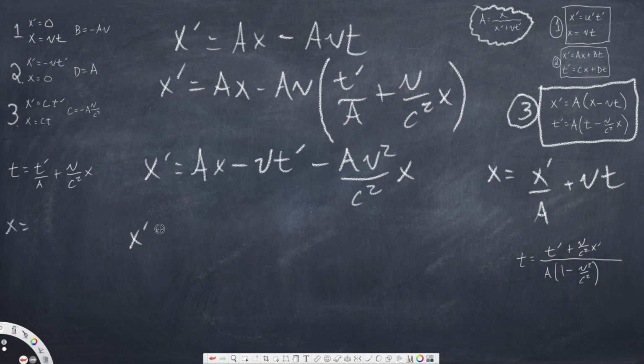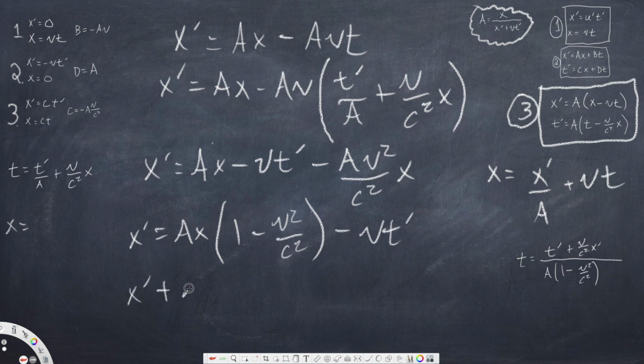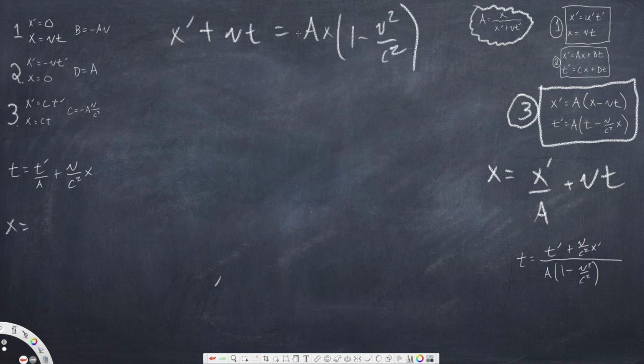So to do that, we have to take the ax out. And on this part here, we get 1. And in this part here, we get minus v squared over c squared. Minus, what's left? vt prime. So x prime plus vt prime equals ax times 1 minus v squared over c squared. Divide both sides.